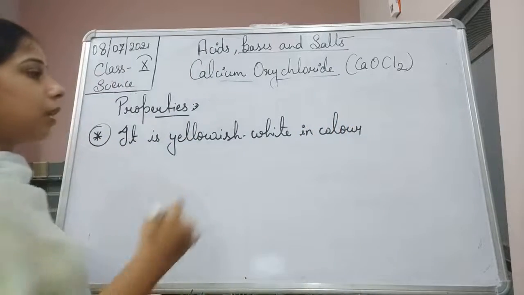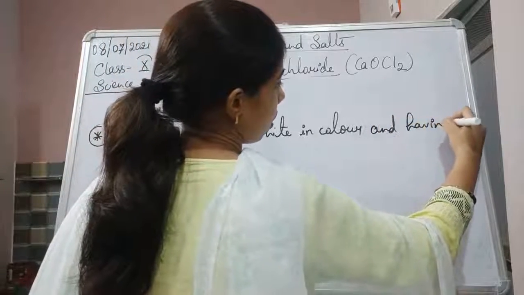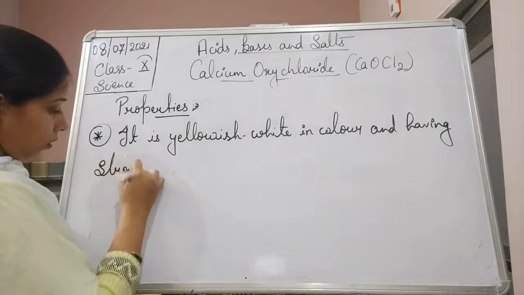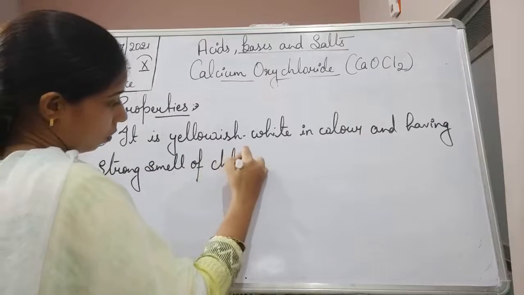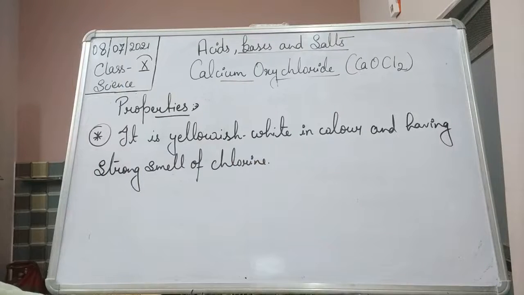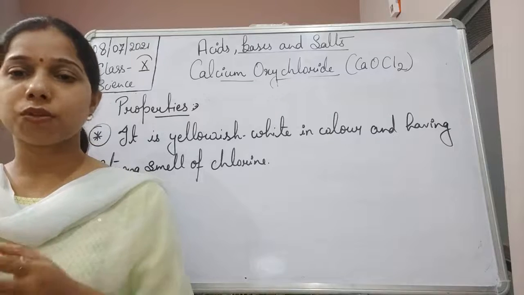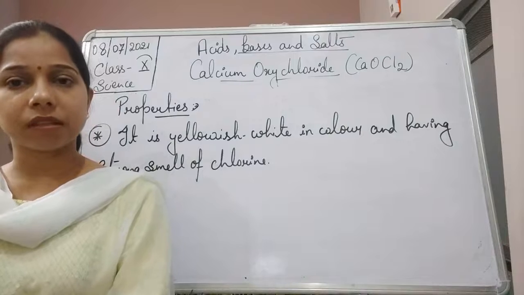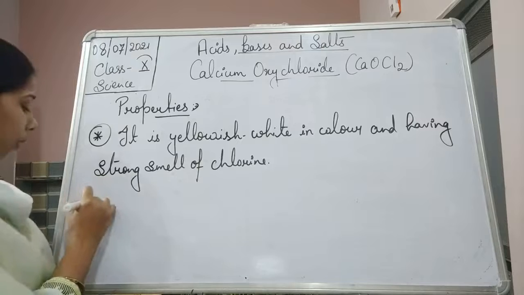It is yellowish white in color and has a strong smell of chlorine. This strong smell comes from the bleaching powder because it contains chlorine. The next one is that it is soluble in cold water.